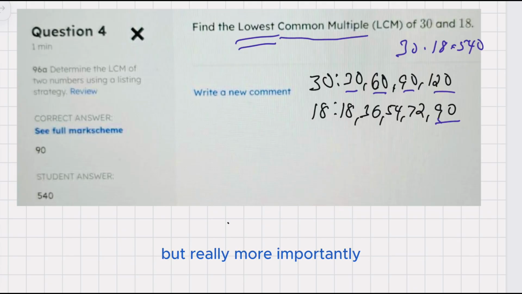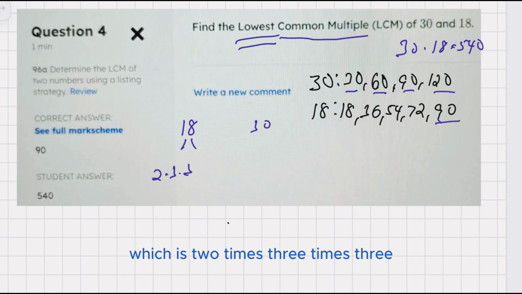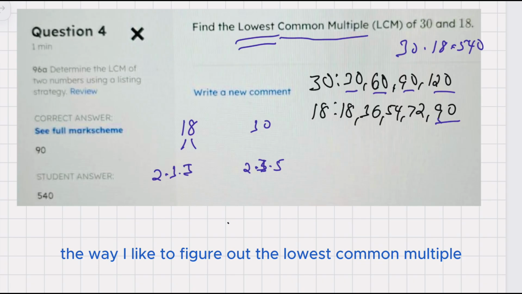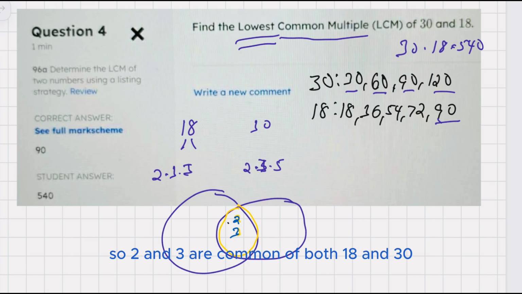But really, more importantly, if you know the prime factorization of 18, which is 2 times 3 times 3, and the prime factorization of 30 is 2 times 3 times 5, the way I like to figure out the lowest common multiple is to recognize that if I have a section of a Venn diagram where there are common factors, so 2 and 3 are common to both 18 and 30.